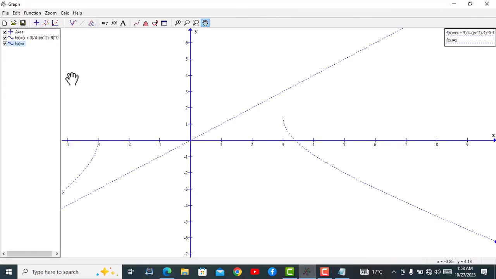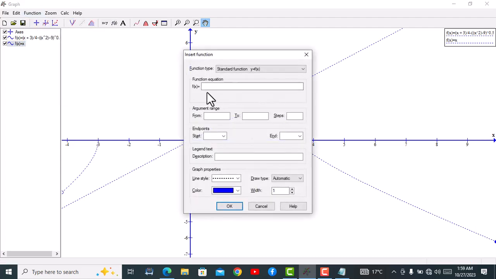Unfortunately, in our function machine here, let me check whether we can. No, unfortunately we cannot do it in here. We will have to solve this problem.